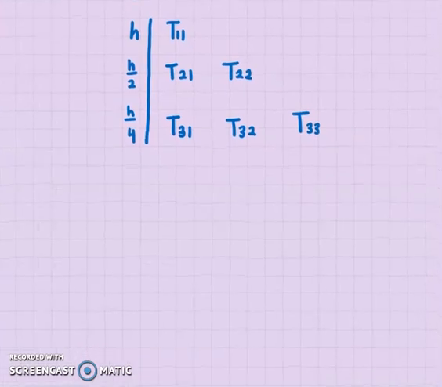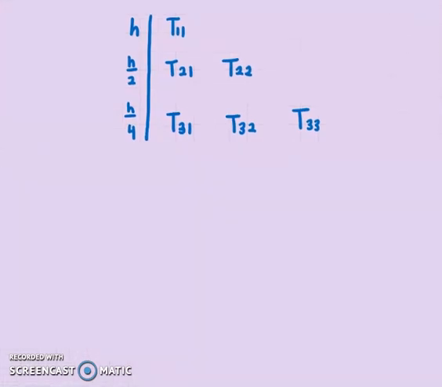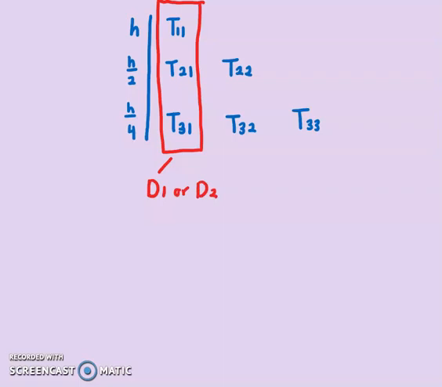The first column of T here can be obtained by D1 or D2. Okay, you can use D1 or D2. Now this T22 here is where we use extrapolation. For D1, T22 is obtained by 2 times T21 minus T11.